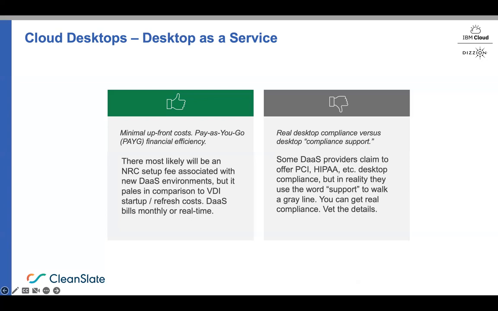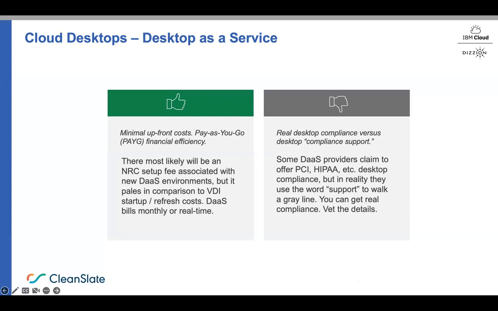One of the downsides: real desktop compliance versus desktop compliance support. That is definitely a huge consideration when people are losing some of the control and moving to desktop as a service. A lot of DaaS providers say, oh, we're PCI, we're HIPAA, we have all this compliance, but oftentimes they offer compliance support.